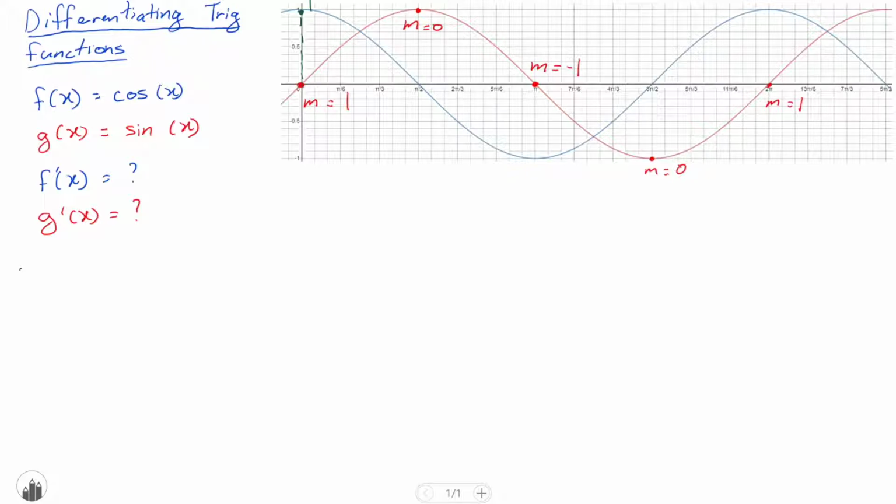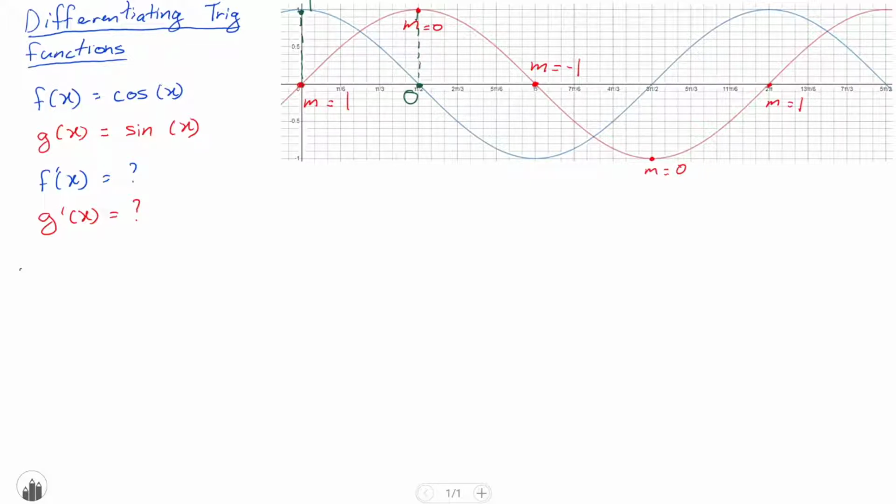Let's go ahead and go to the next key point. So we said the next key point is over here where m equals 0. And let's go and trace our value of our cosine value, and you'll see that the value of cosine at that point is also y equals 0, just like our gradient. And we can keep going, right? So over here, we've got our gradient of negative 1.